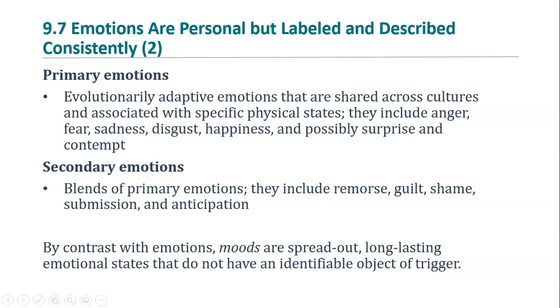Secondary emotions are blends of these. They're more than one of these primary emotions occurring together, and those are much more culturally determined. Things like remorse, shame, that really depends on the kinds of actions or behaviors that are shameful or embarrassing in a particular culture.